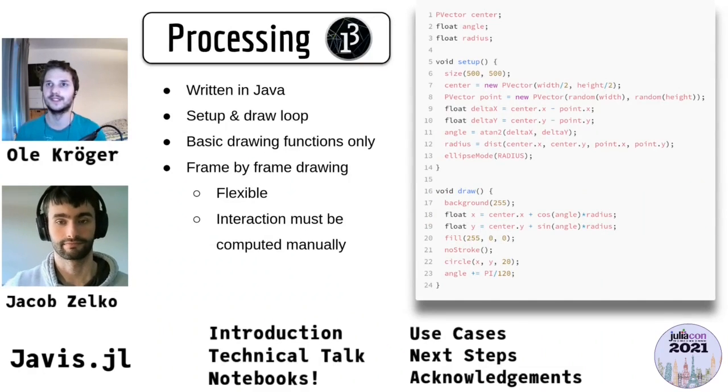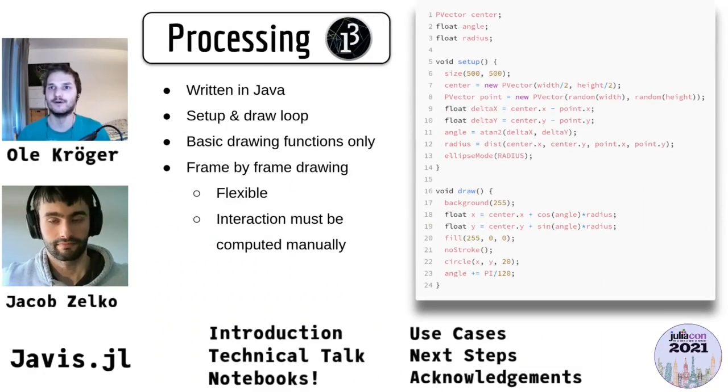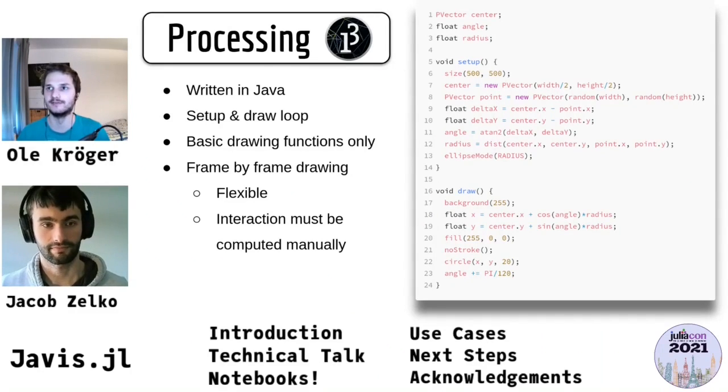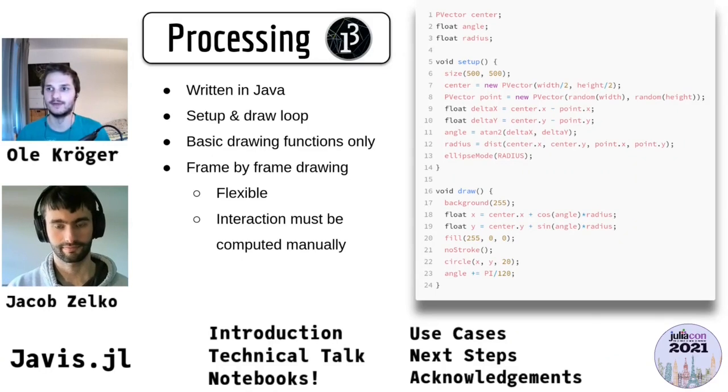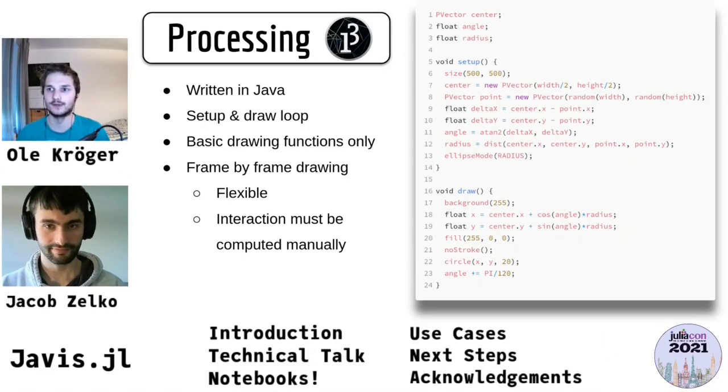Thanks, Jacob. Yeah, as mentioned before, Processing is written in Java, and it has a completely different paradigm. We have a setup function and we have a draw loop. So the basic drawing functions are provided in Processing, like circle, rectangle, and other shapes, but not much more.